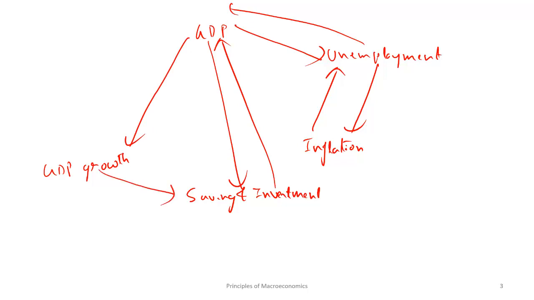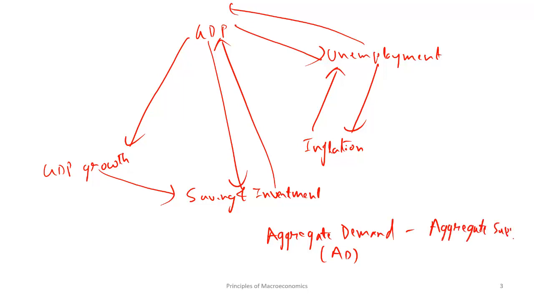We need to explore all these connections, and for these connections we'll develop something called the AD-AS model, or aggregate demand, which is also termed AD, and aggregate supply, also termed AS, models.